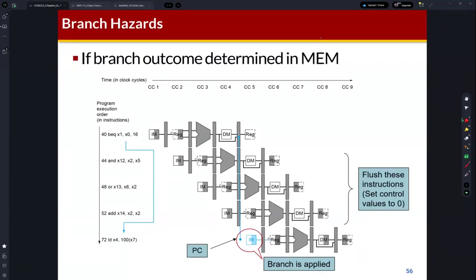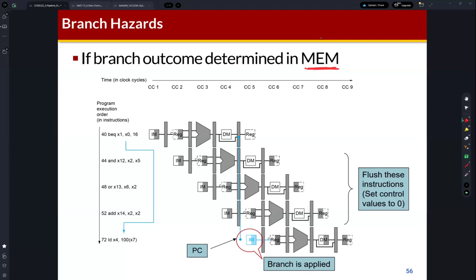So if the branch outcome is determined in the memory stage... actually, in the single cycle processor design, we assume that in the BEQ, the result of a BEQ instruction is determined by the ALU, right? We can just compare the two source registers using the ALU, applying the sub operation in the ALU.